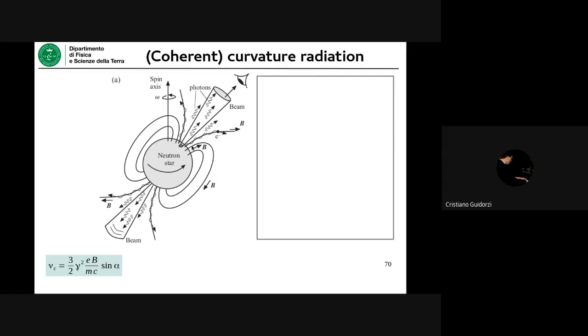Anyway, let's suppose you have a pitch angle which is very small. It means that the critical frequency is small, and the power is also very small. Remember the sine squared dependence: the smaller the pitch angle, the correspondingly smaller the power lost for synchrotron emission.